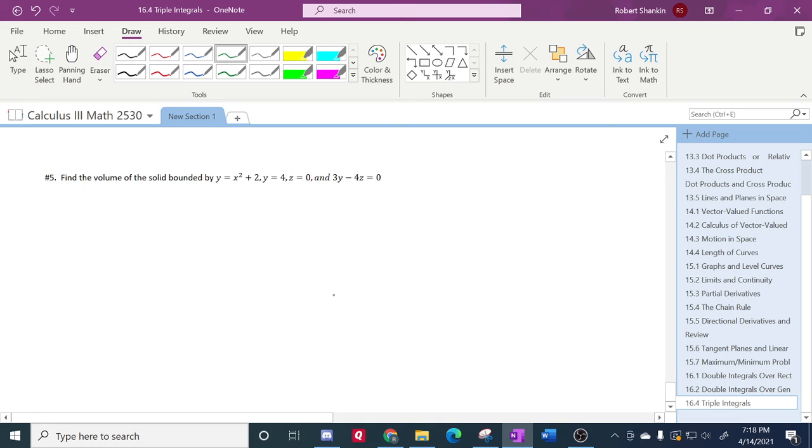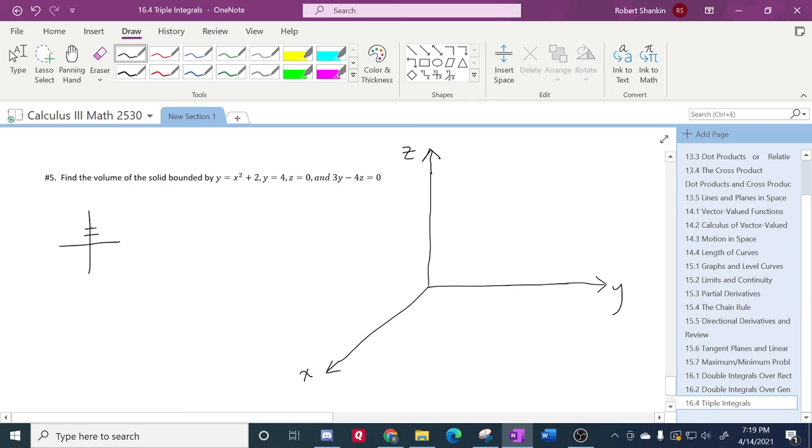Well, let's just look at a visualization of this, which will be helpful. y equals x squared plus 2. Now, if we were in the xy plane, we know that would look like this.